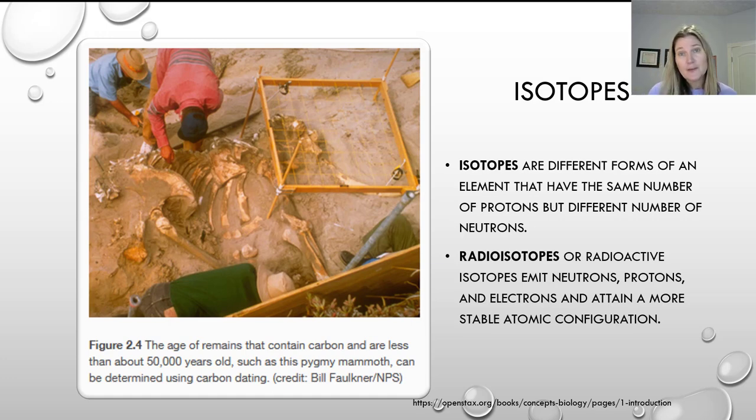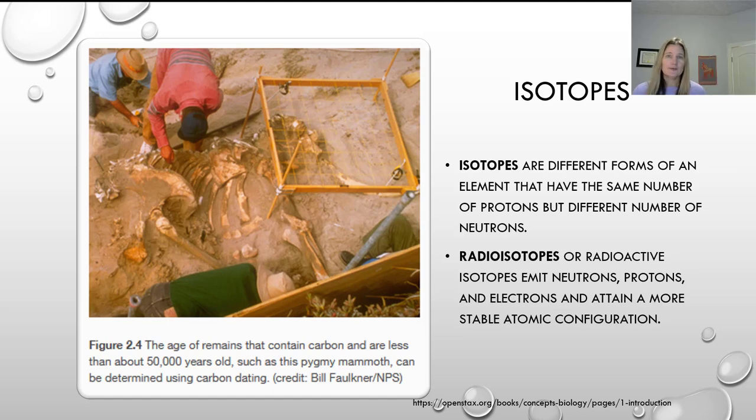So in the field of biology, we can actually take advantage of this idea of isotopes, particularly radioisotopes or radioactive isotopes, to help us figure out how old things are. And so a radioisotope, or radioactive isotope, will emit neutrons or protons and electrons in order to attain a more stable atomic configuration.